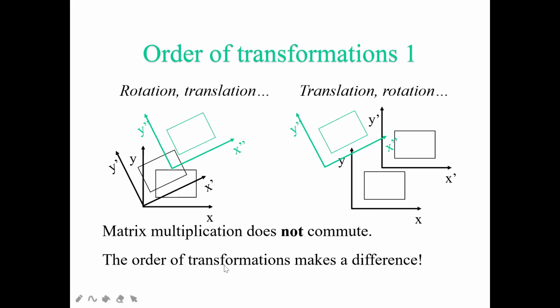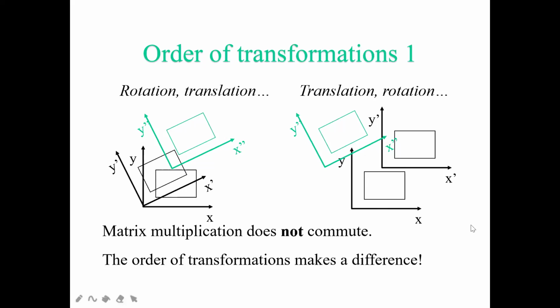The order of transformation makes a difference, because whenever you do first rotation then translation, whatever matrix you get will be different from what you get if you do first translation and then rotate. So this is the difference between the orders of your transformations. It will make a difference.